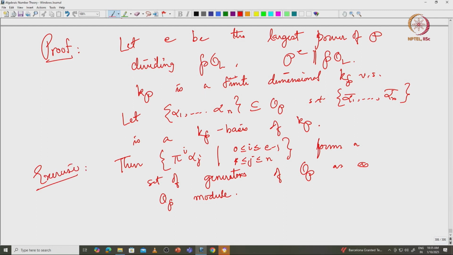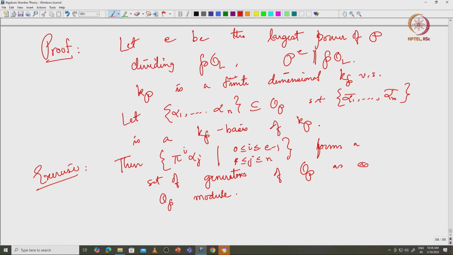If I take any element of O_P, I can look at it mod p to the power e, and then it is clear that I can write it as a linear combination this way, right, and therefore I get that this is a set of generators, right.